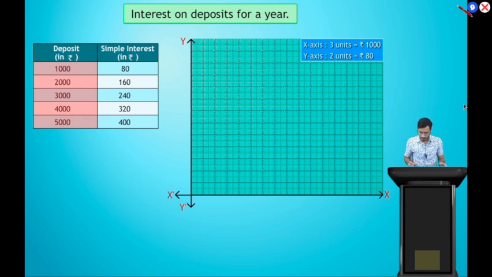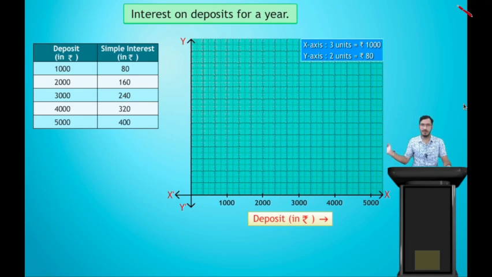On the x-axis we represent deposits: 1000, 2000, 3000, 4000 and 5000. On the y-axis we represent simple interest: 80, 160, 240, 320 and 400. Now locate the points.